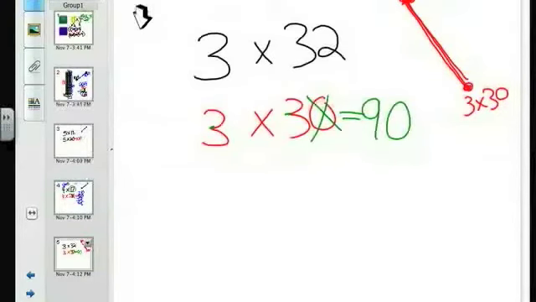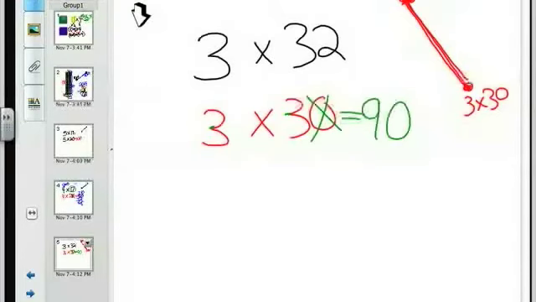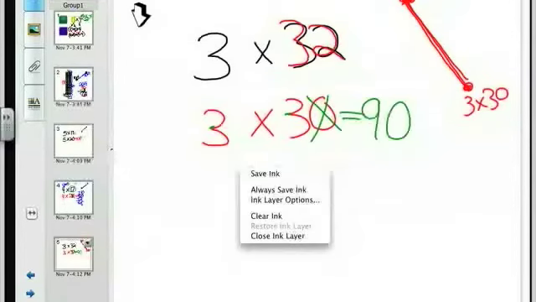Now, remember, I went from here, and I went down. So I need to go back up. So I'm going to add on that extra bit that I took off. Well, think about it. How did I get from 32 down to 30?